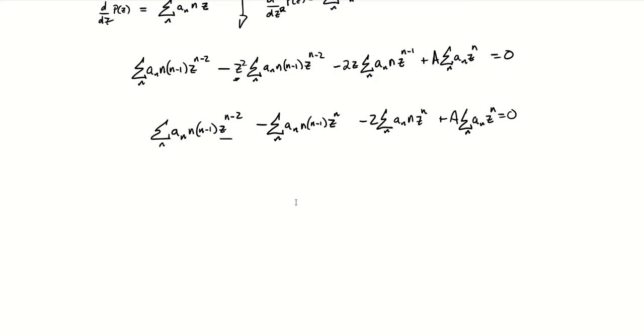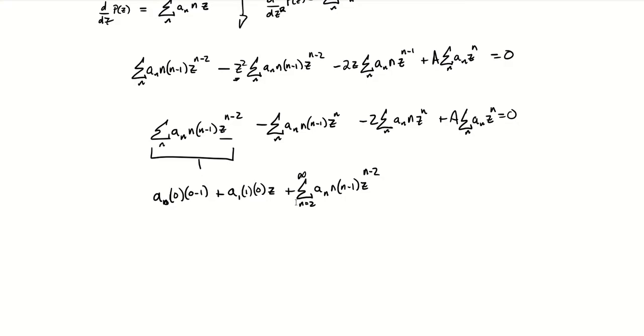So we want to look at this first term, and essentially this is going to be equal to a sub 0 times 0 times (0 minus 1), that first term in that sum, plus a sub 1 times 1 times 0 times z, plus the sum over n equals 2, the rest of this series, of a sub n times n times (n minus 1) z to the n minus 2, right? That's what this first term equals.